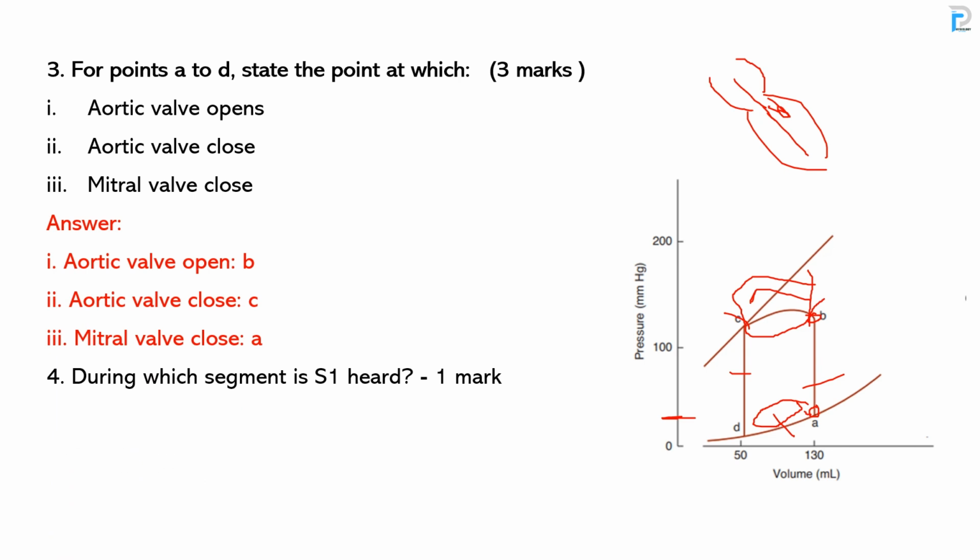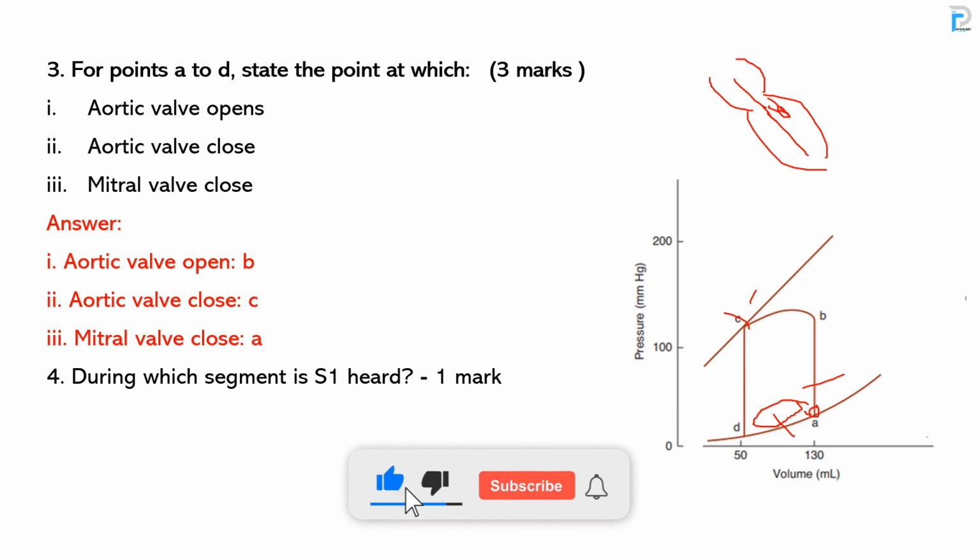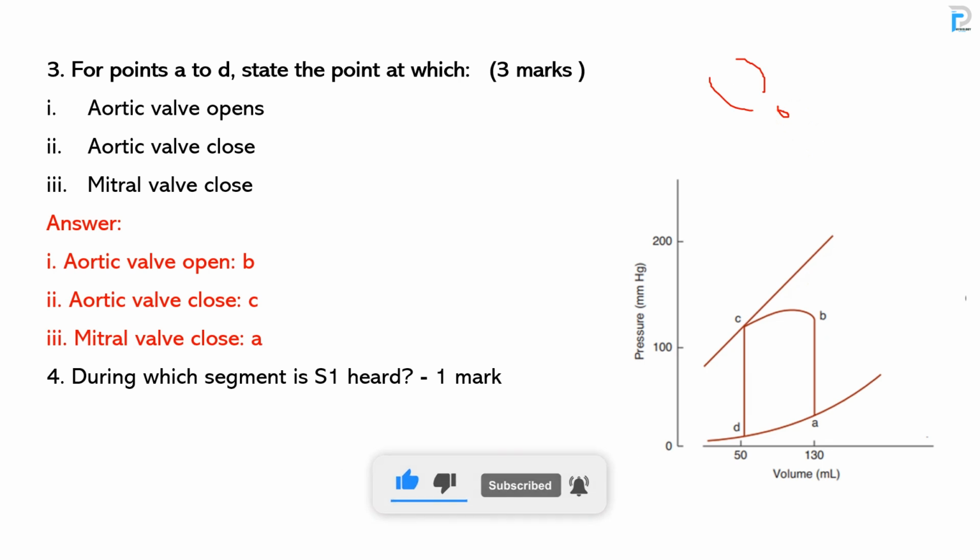Coming to question number 4. It asks during which segment S1 is heard. What is S1? S1 is the first heart sound. The first heart sound is caused by closure of the mitral and tricuspid valves, the atrioventricular valves.